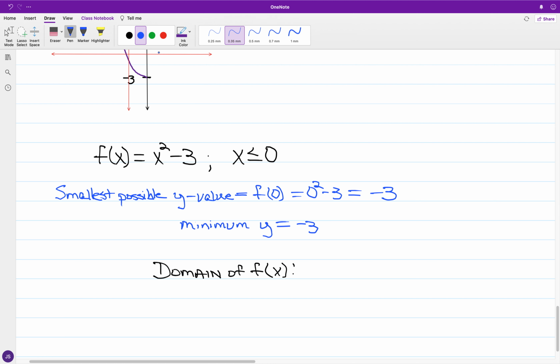So we have the domain of f of x going from negative infinity, approaching and including 0.